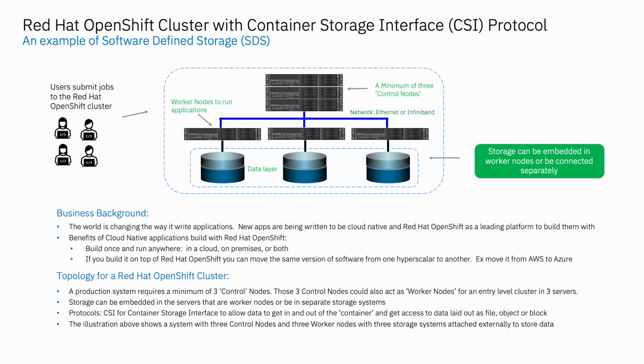And the nice thing is we can get data that's in formats like block, file, and object, all with different pathways using the CSI interface into those containers to run those jobs. This is a little confusing at first, but just think of CSI as the way modernized applications get the data in and out of the media.